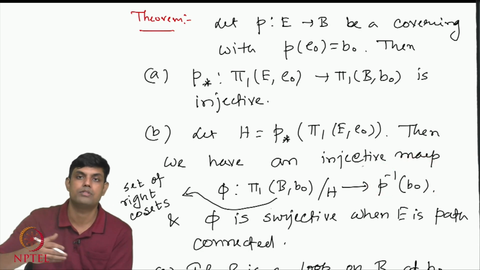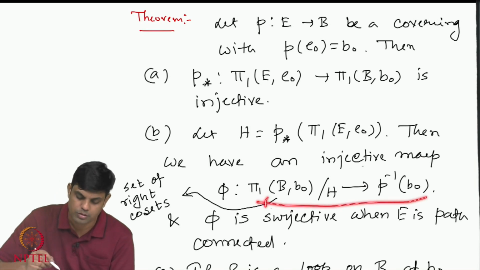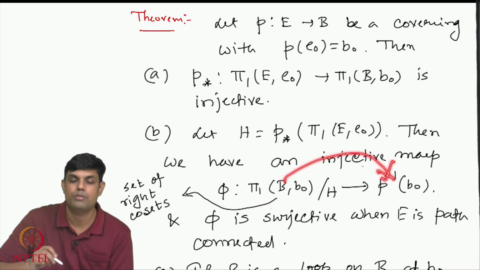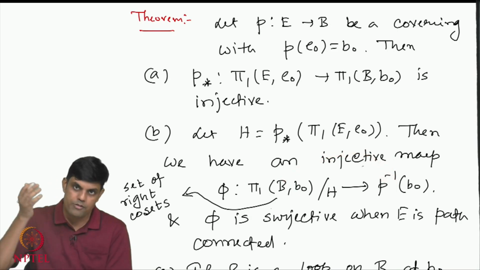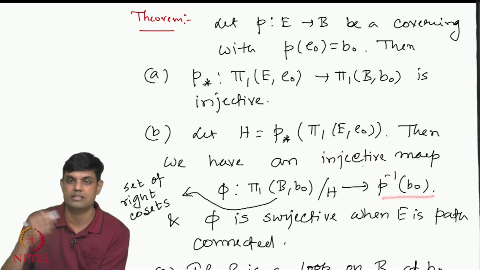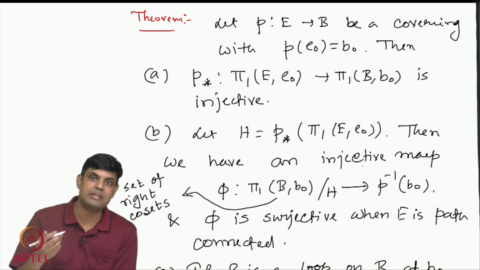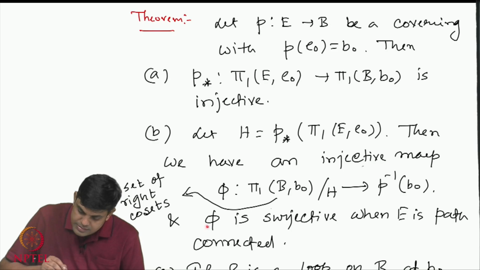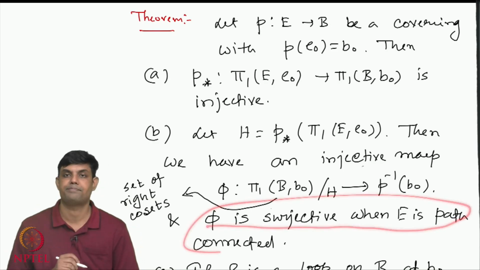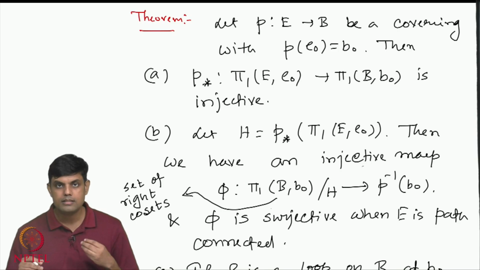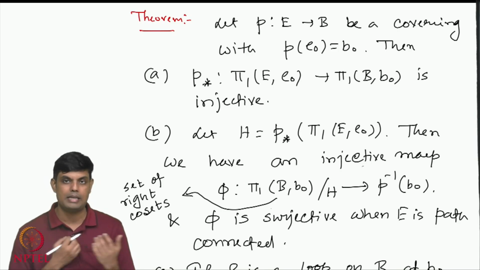I always have a map here. The covering correspondence gives me a map, and what I am claiming is that I have a map from the set of all cosets to the right hand side set, which is the inverse image of B0, and this map is injective. This map is always injective, and also this map is surjective when E is path connected. So in particular, if E is path connected, then this map is actually a bijection.